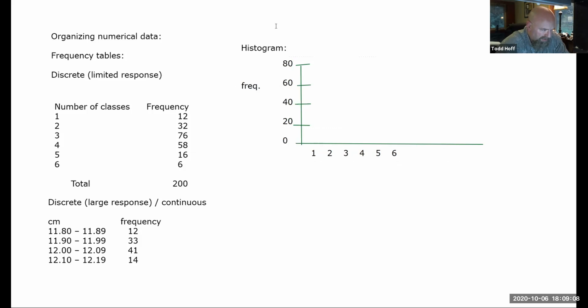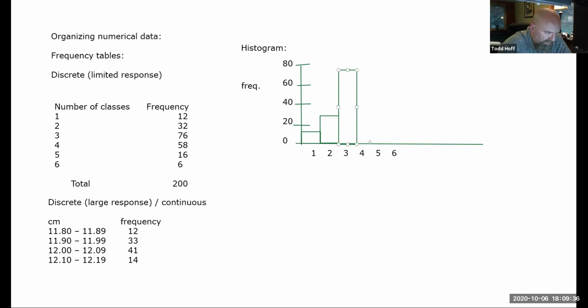And when I make my bars, just like with the bar graph, I want to make sure my bars are the same width. So one class, there's only 12 people that had only one class. It'd be something like that. 2 classes were 32, so it'd be somewhere in there.